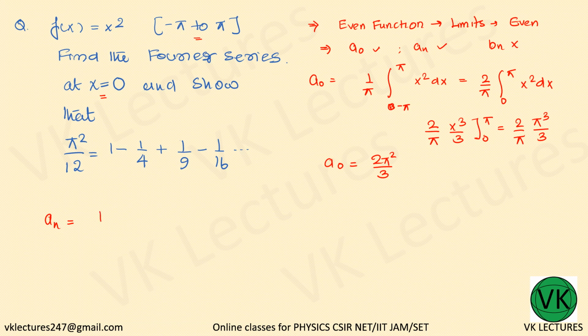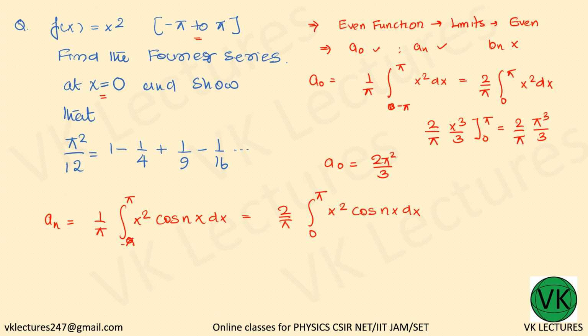1 by pi integral f of x, which is x square, into cos nx dx, again from minus pi to pi. This can be written as 2 by pi integral from 0 to pi x square cos nx dx.